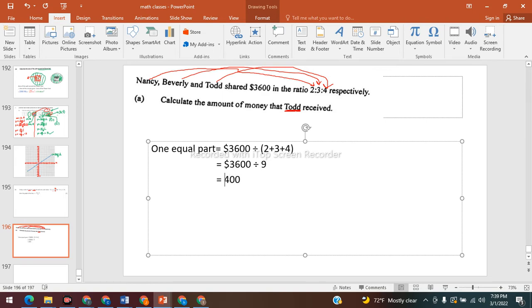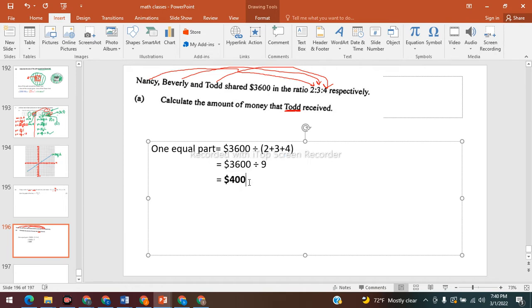We could easily know that because 36 divided by 9 is 4. For those people who do not know their multiplication tables, please know them. I don't care if you're in BJC or BGCSE, whether you have a calculator or not. Everybody should know their multiplication tables, especially the 8, the 9, and the 7. So one equal part is 400.